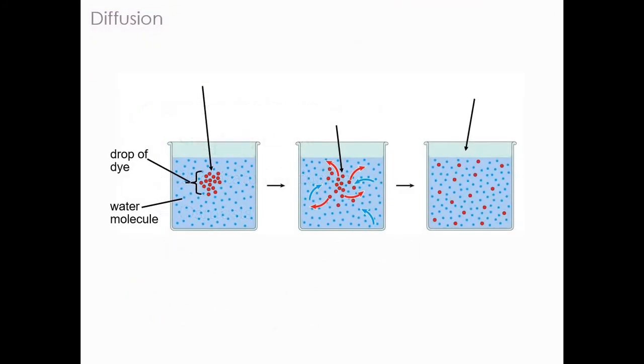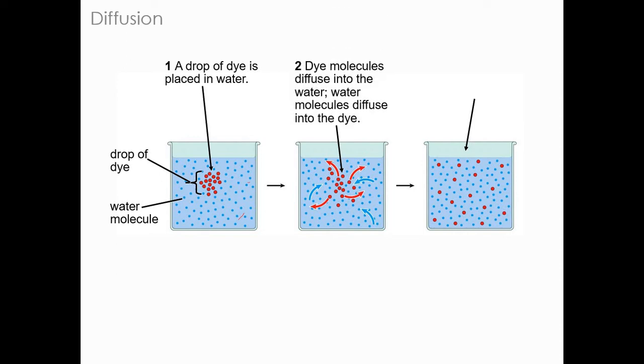Okay? So in diffusion, for example, we drop a dye. So we have these water molecules here. So this is water. And then we drop a dye inside that container. So what happens is that the dye molecules will diffuse, right? They will spread into the water until such time that both the dye molecules and the water molecules are evenly dispersed.